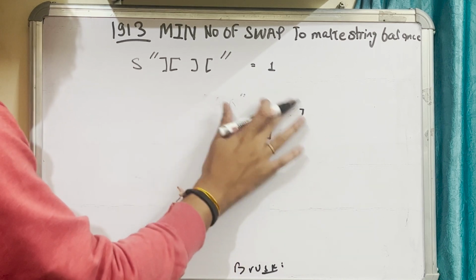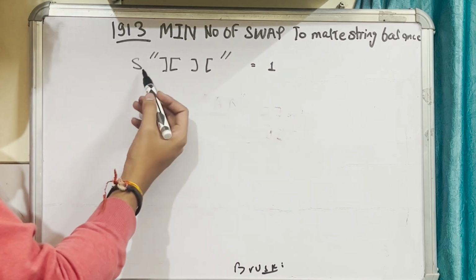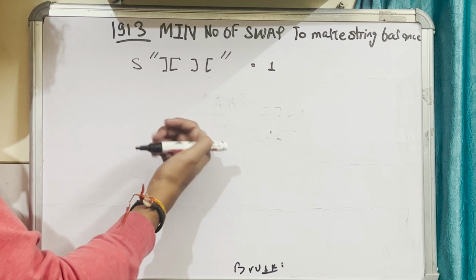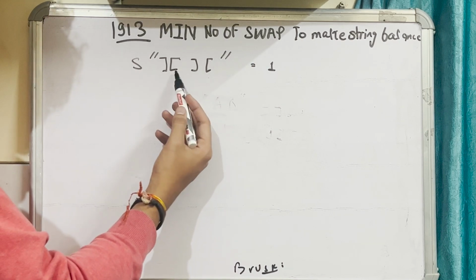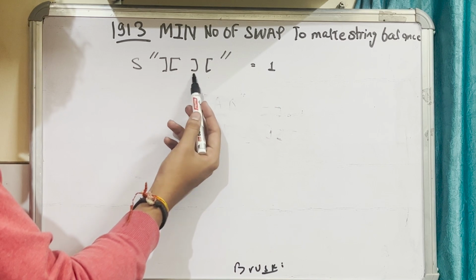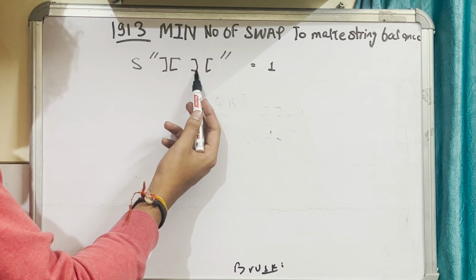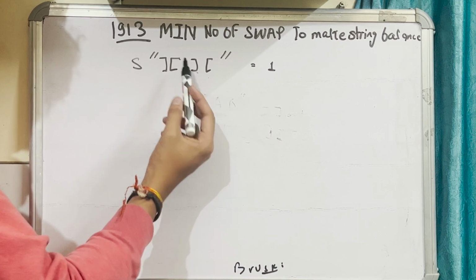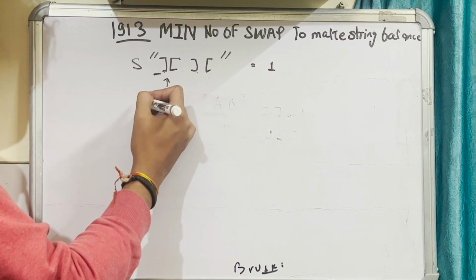So let's hop into the problem. As you can see, you have this string. What would be the minimum number of swaps required? This opening bracket is followed by a closing bracket, but there is a closing bracket before which there is no opening bracket.